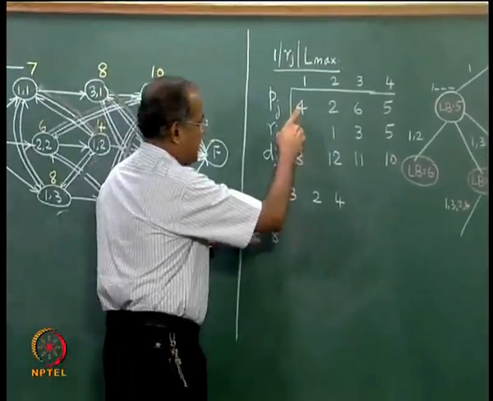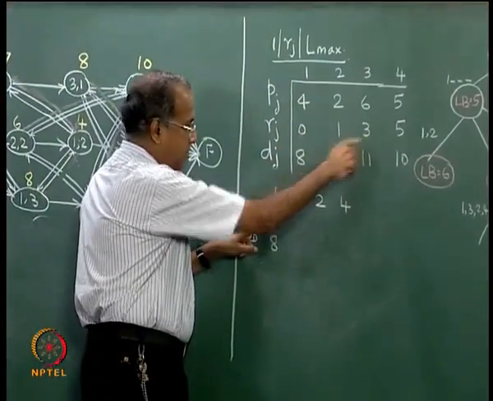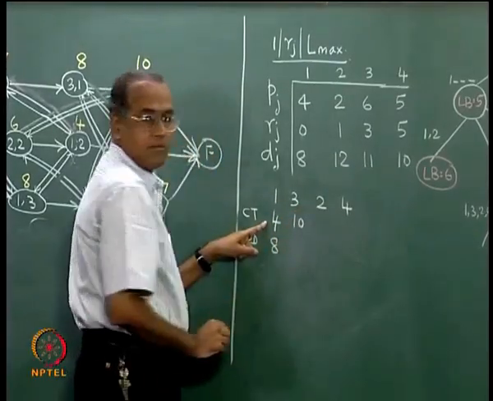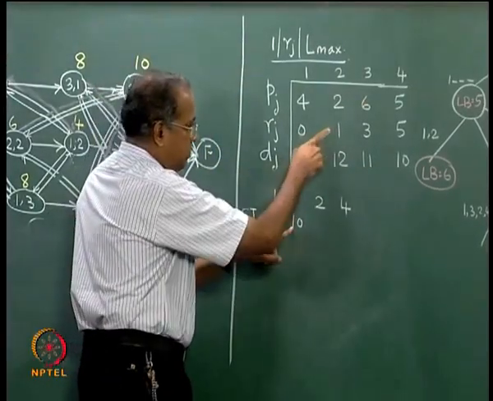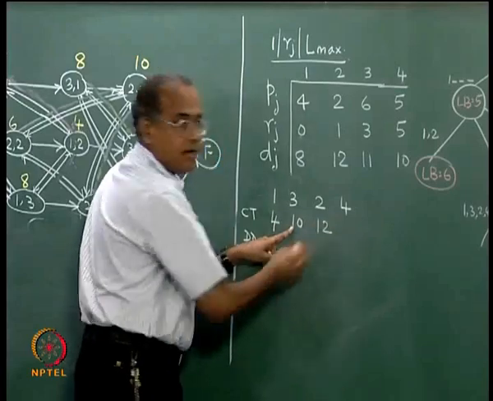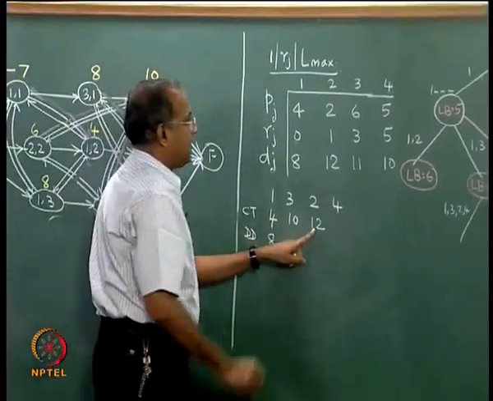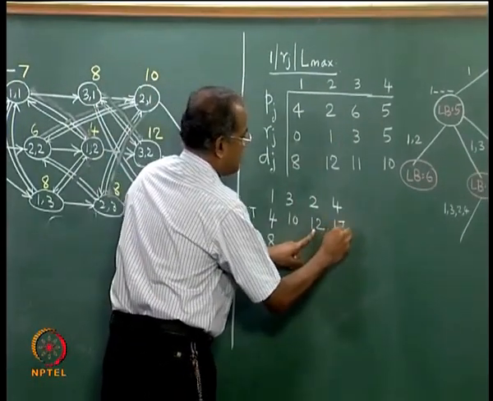So, job 1's completion time is 4. Job 3 is available, 4 plus 6 is 10. At 10, job 2 is available, 10 plus 2 is 12, and at 12, job 4 is available, 12 plus 5 is 17.